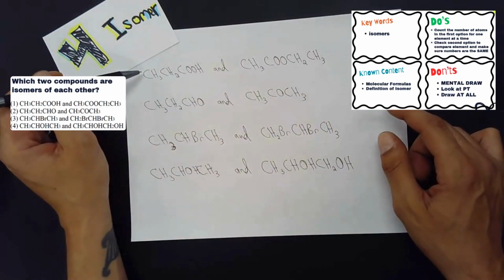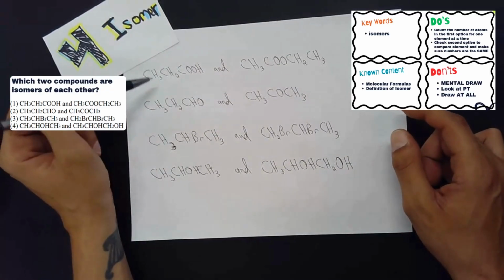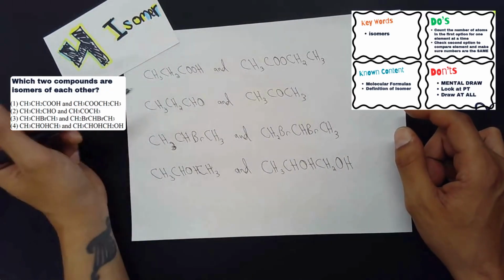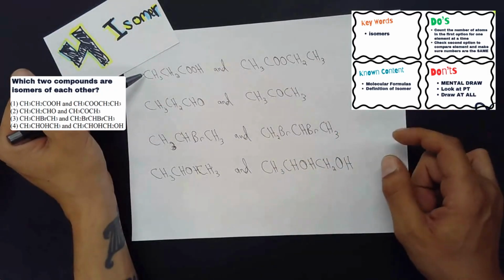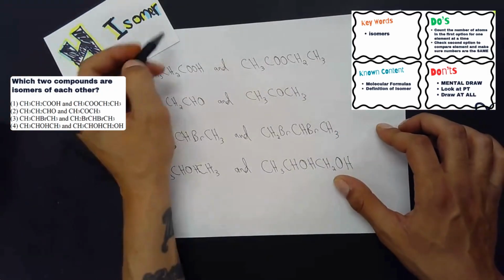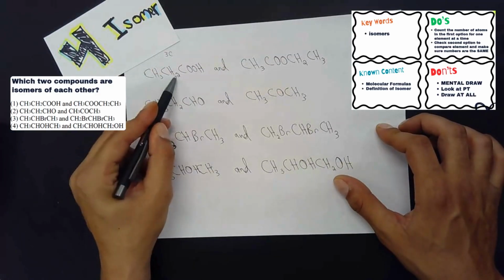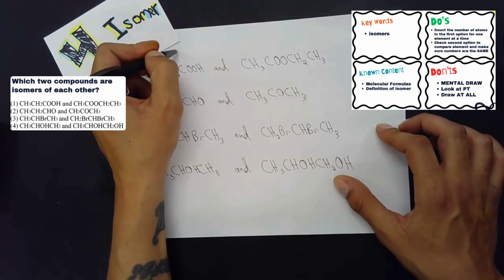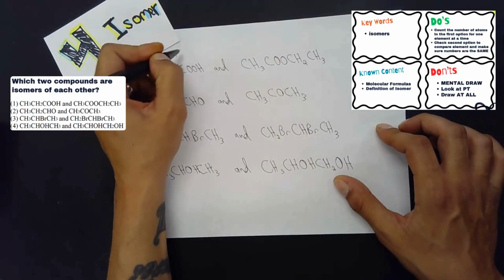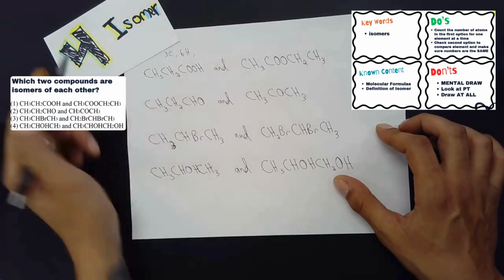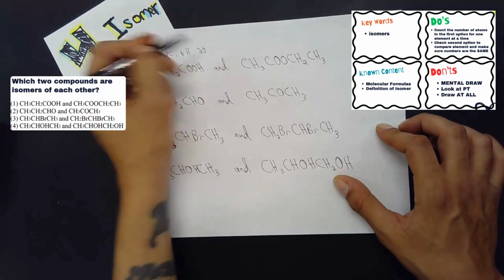So let's start with the first one, and we're just going to count to see how many carbons, hydrogens, oxygens we have in both of them. In this side, we have 3 carbons, 6 hydrogens, and then 2 oxygens.